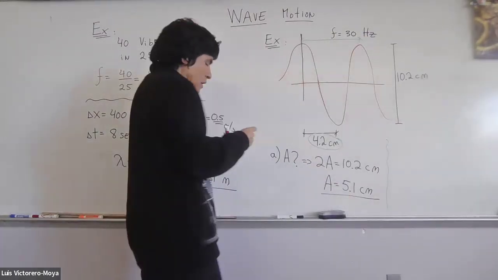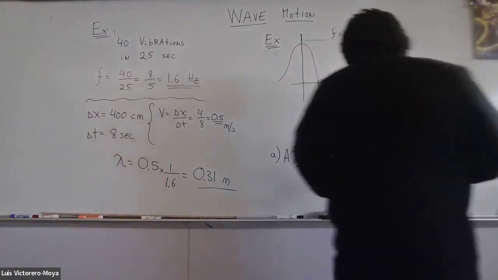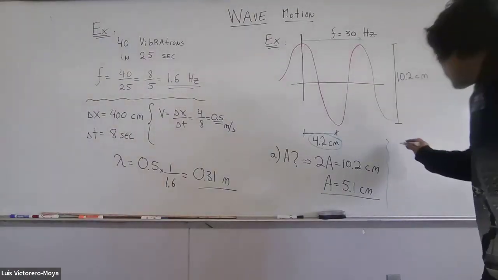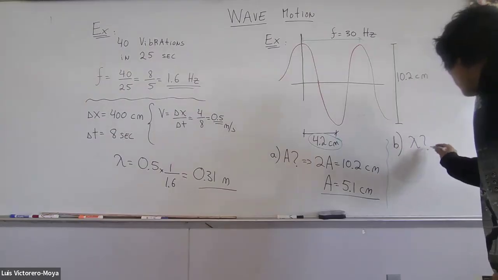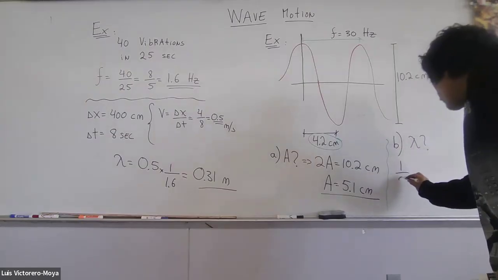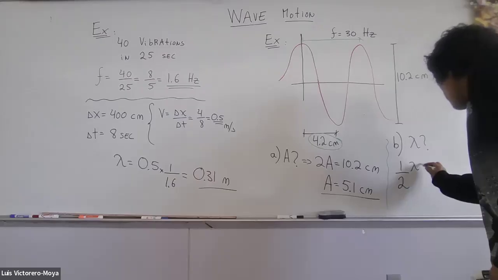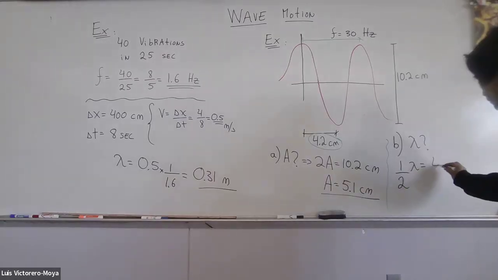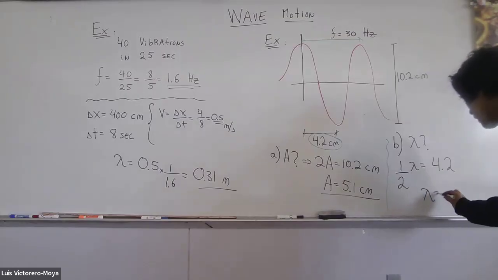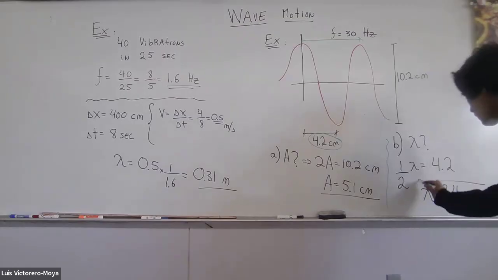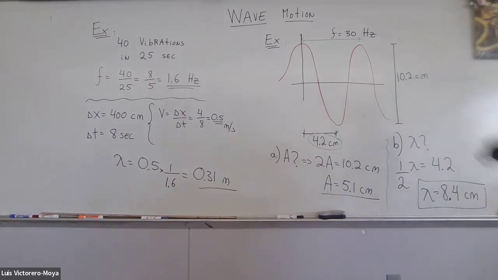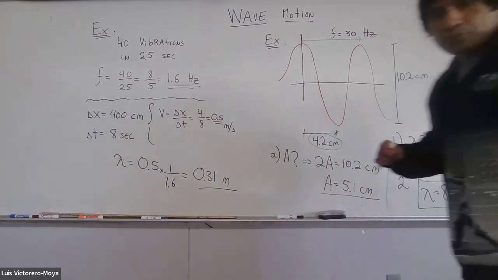So if that's half the wavelength, part B, what is the wavelength lambda? Half of the wavelength is 4.2. Then the wavelength is 8.4 centimeters. Amplitude and wavelength, then.